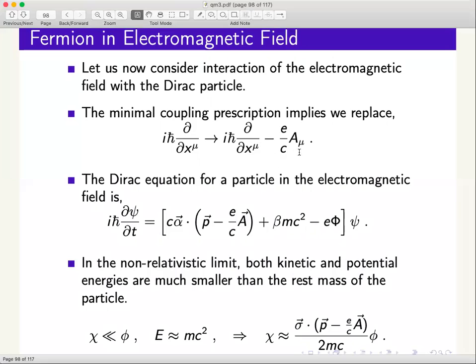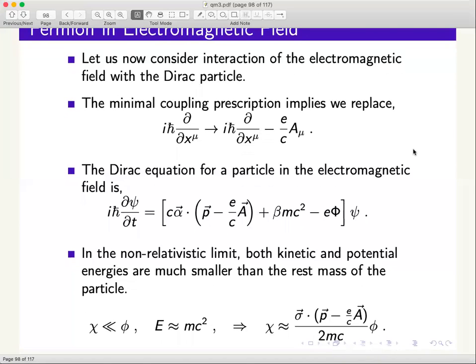This is something we have done earlier with the Schrodinger equation as well as the Klein-Gordon equation. This is just a covariant representation, but even in the Schrodinger equation we did the same. We wrote a p minus e times A whole squared kind of term when we studied electromagnetic interactions of the Schrodinger particle.